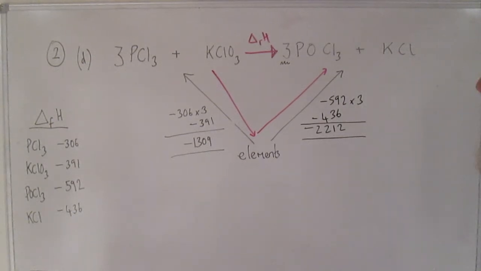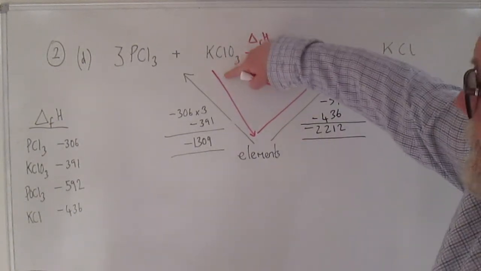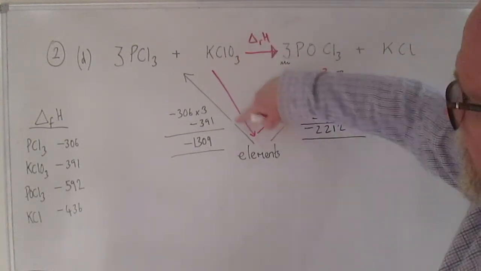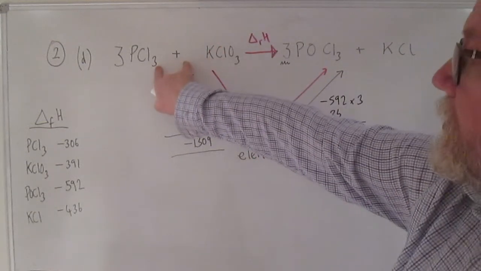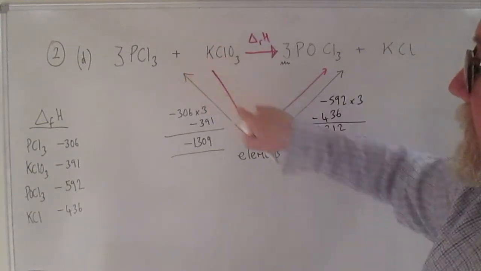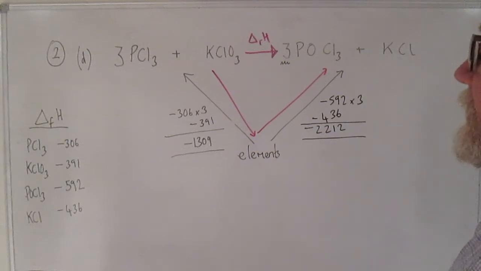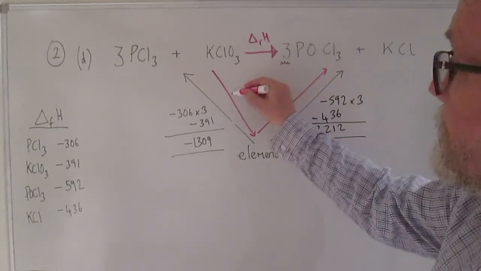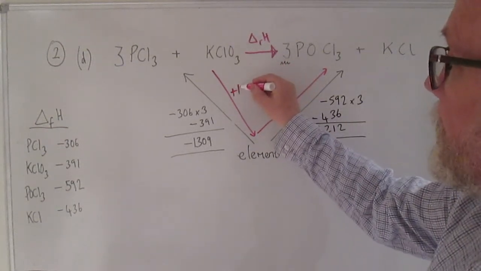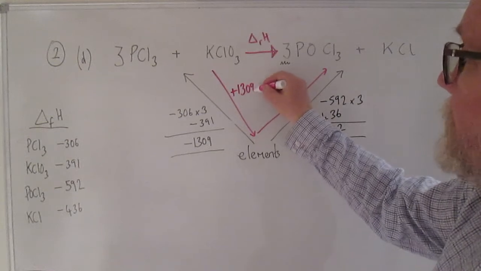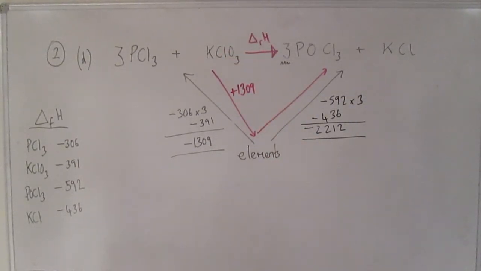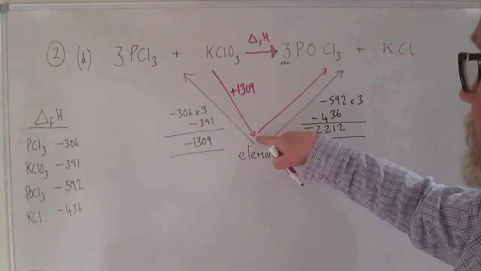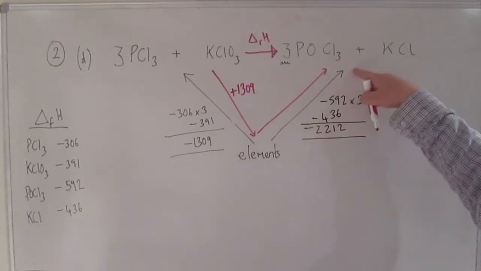So it's easy to get those numbers because you can see this first step is just the opposite of that. Okay, so here you're going from elements to form the compounds, but now you're going the other way. You're unforming the compounds to make the elements. So all that happens is you change the sign because you're going in the opposite direction. So it's plus 1309 to come down there. Second leg of the journey is exactly the same as that.